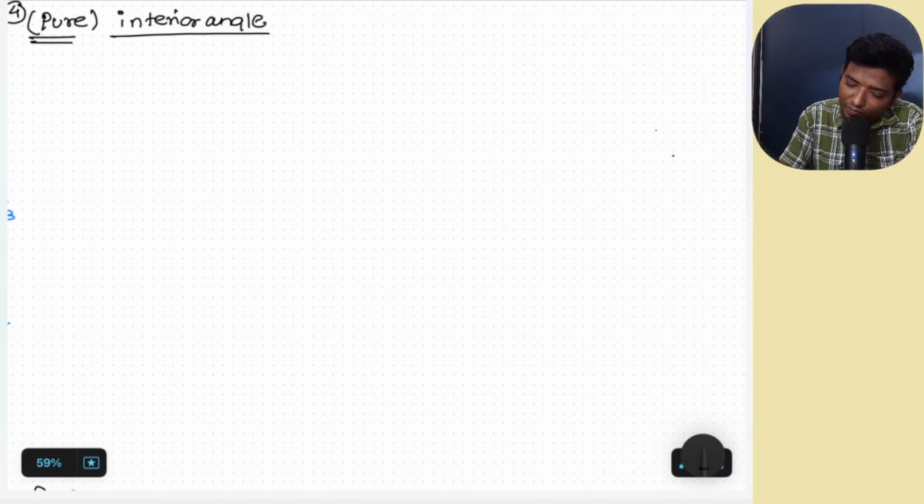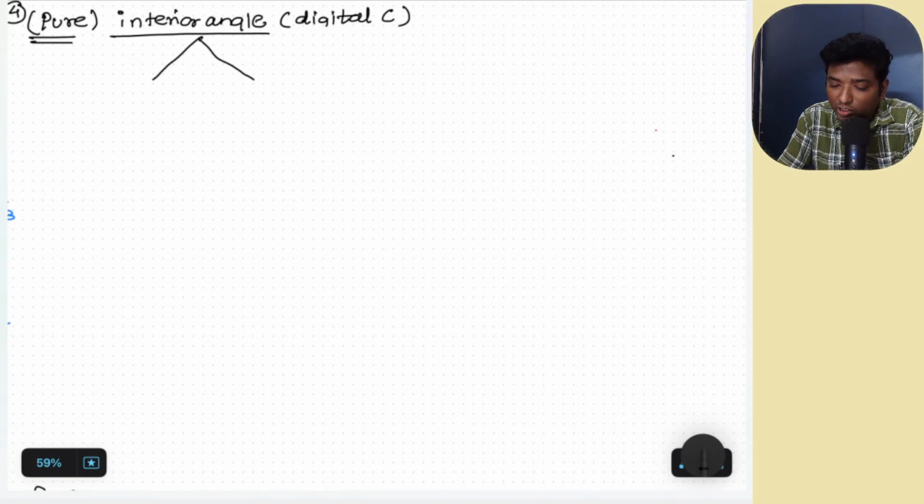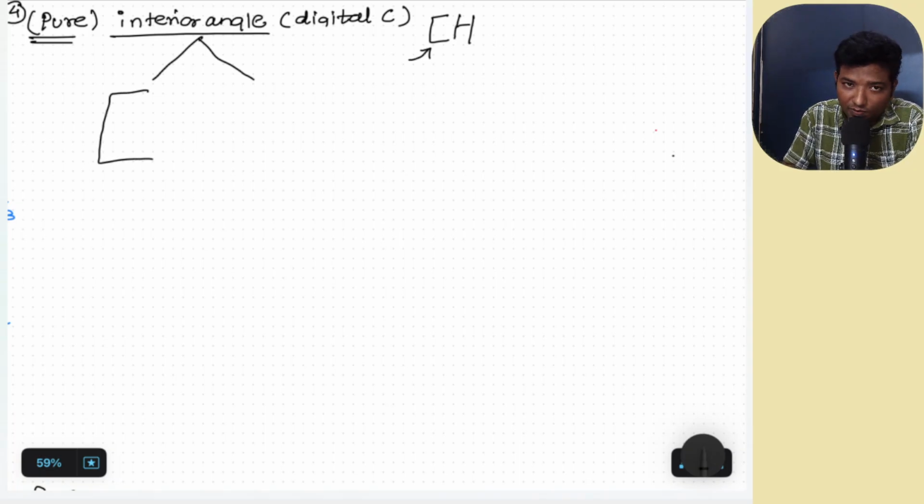Now again, the shape for it. How will we remember it? We remember it by the digital C, like at the railway station, Churchgate. So we can have a normal C, and we can have a reversed C, its mirror image.